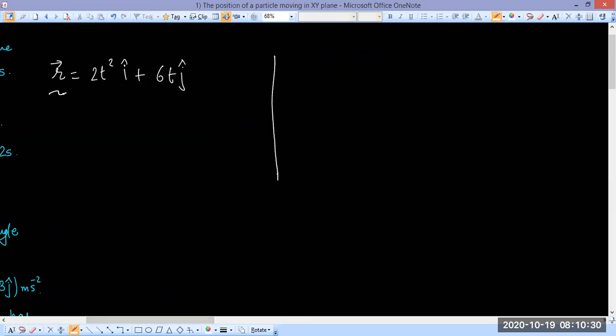So the easiest way to do it is to draw a diagram. Remember, in any physics question, if you try to do it without a diagram, you are going to find a lot of trouble waiting for you. It's not going to be easy at all. So let's say this is where the particle was at t equal to 1 second.